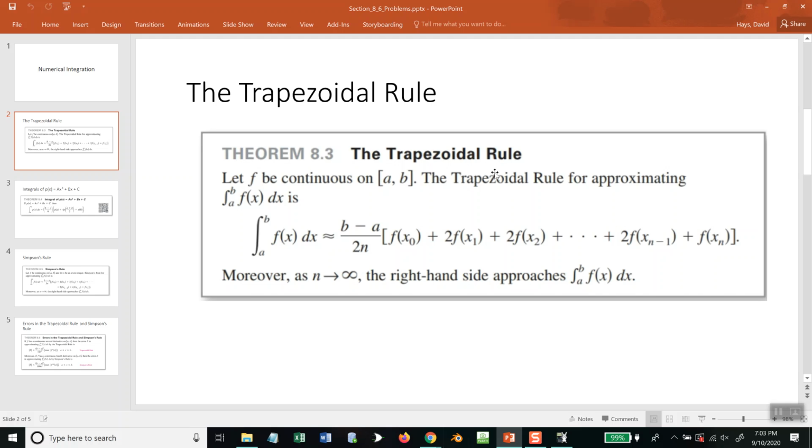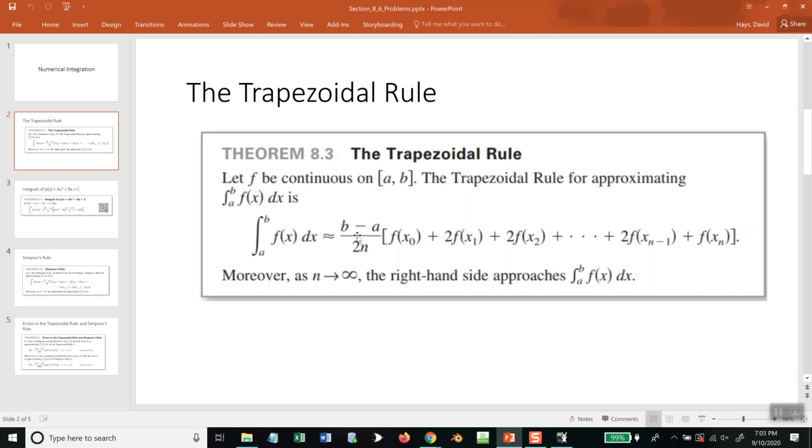Now here's the trapezoid rule, and not everything is presented here. Once we show a picture, you'll understand more about it. But let f be continuous on [a, b]. The trapezoidal rule for approximating the integral from a to b of f(x) dx is given by this formula here.